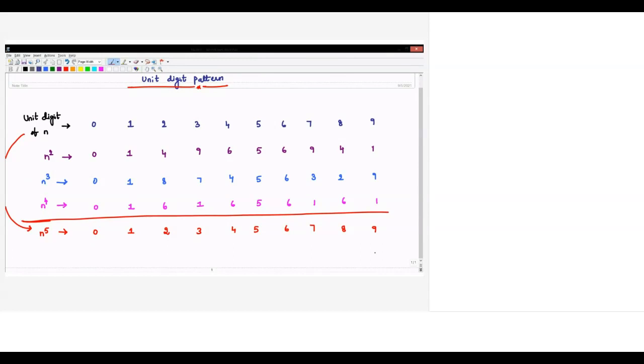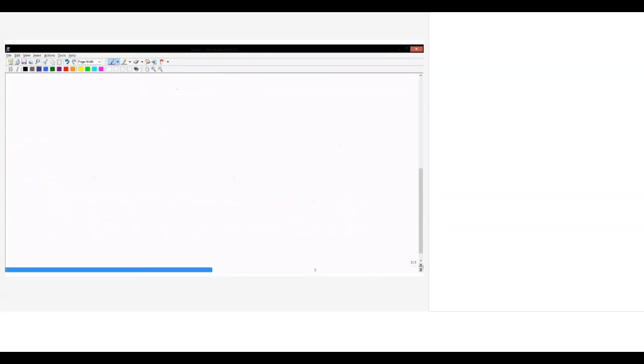So let me write that. First, a square number never ends with 2, 3, 7, 8.